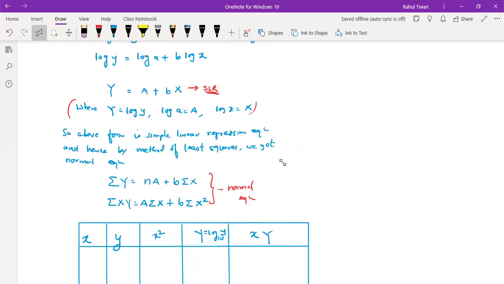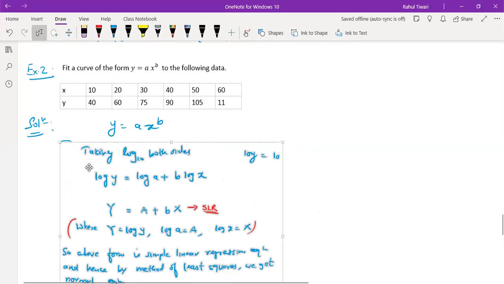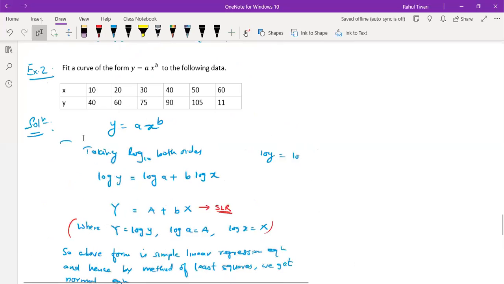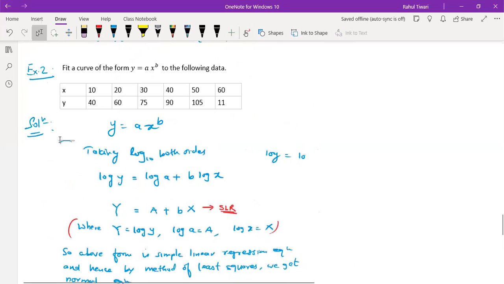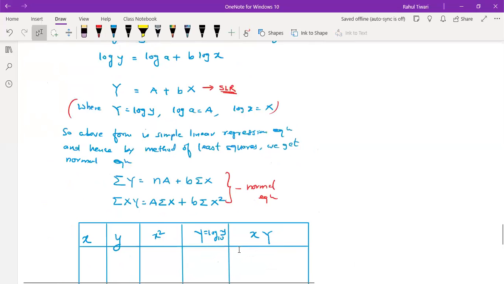So just look here. If you just take log here, so log of y equals log of a plus b times log of x. I had done something wrong here. So this is the equation you will be getting.